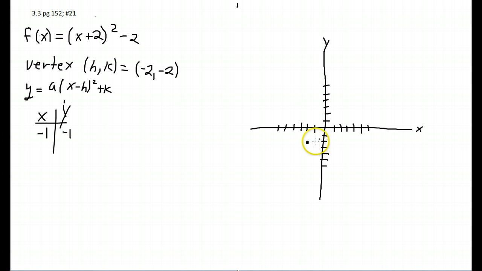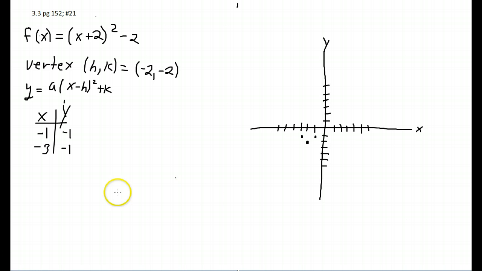So I have the point negative 1, negative 1. Now, since it's symmetrical, that's going to give us the point negative 3. It will also have negative 1 because parabolas are symmetric. So the second point is always a give me.